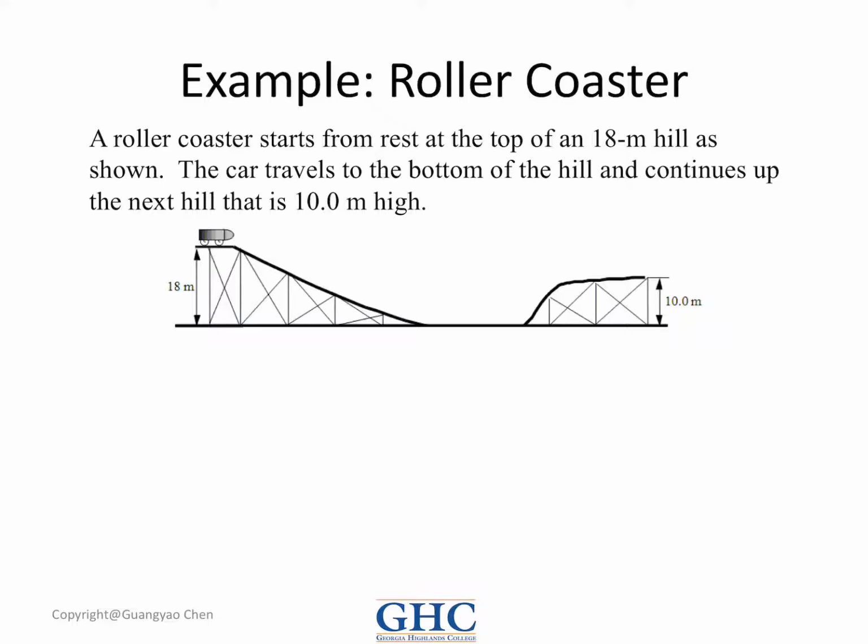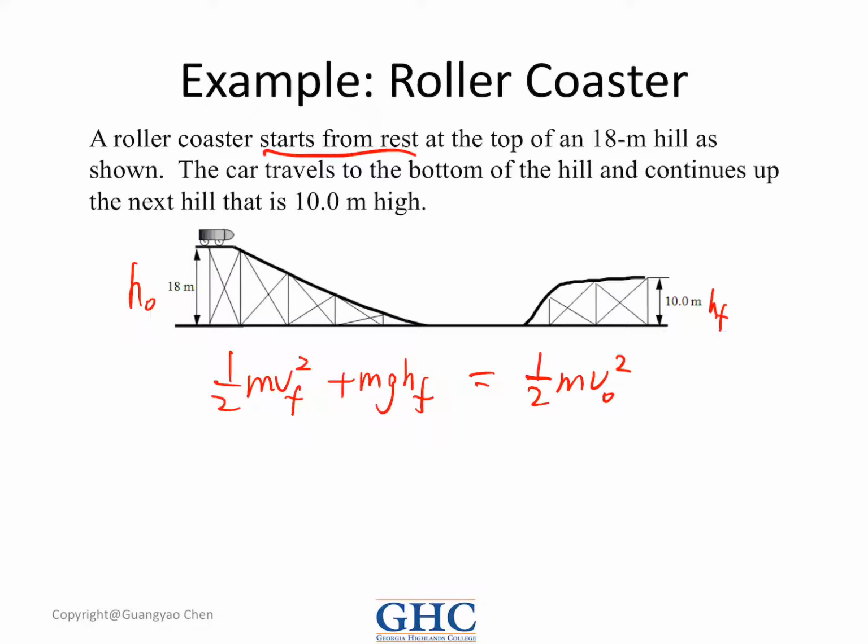And this roller coaster, so we discussed the roller coaster, normal force doesn't do work, only gravity is doing work on the roller coaster, so mechanical energy is conserved. So you can build final kinetic energy plus final potential energy, and this hf is 10 meters, h0 is 18 meters, equals initial mechanical energy, and it starts from rest, so this term actually is 0.